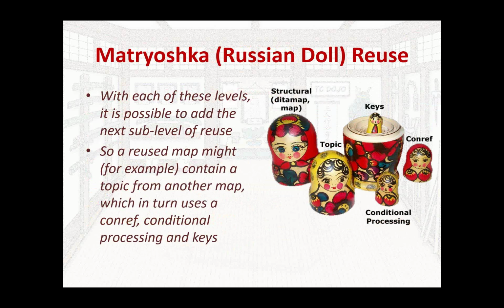And so a reuse map might contain a topic from another map, which in turn uses ConRef, conditional processing, and keys. And while this may seem like a great way to really complicate things, when managed effectively, everything slots together really nicely, just like a set of Russian dolls.